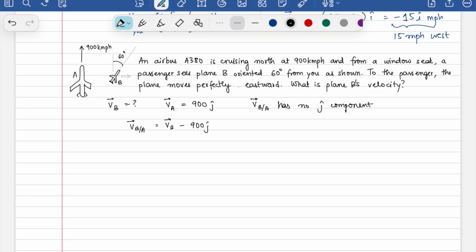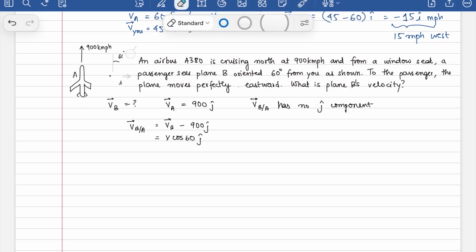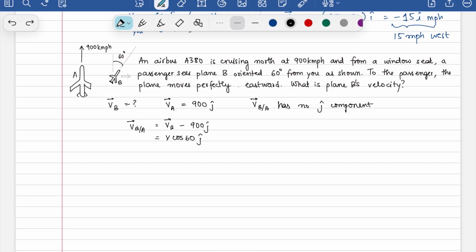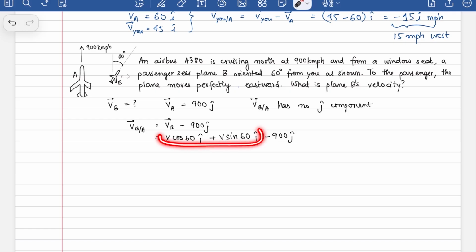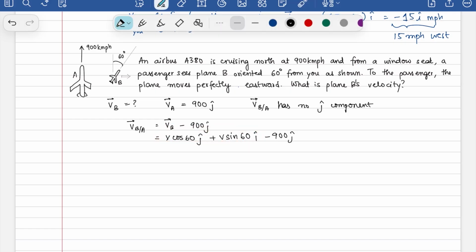So if I were to name its magnitude V, we can write then that this is V cos 60 along j hat. I'm taking the component along j hat, so that's V cos 60, plus V sin 60 i hat, minus 900 j hat, where this here is now the vector B.